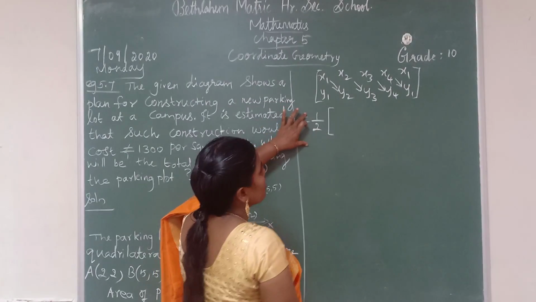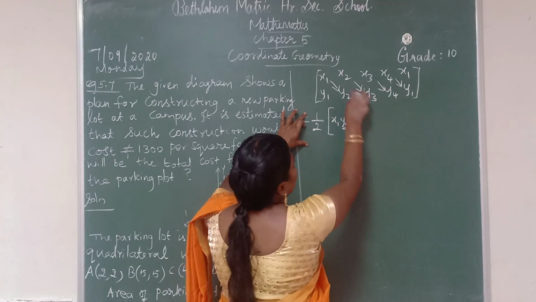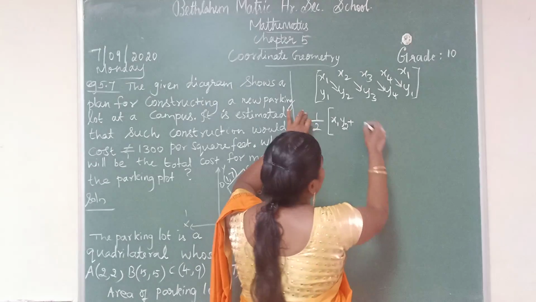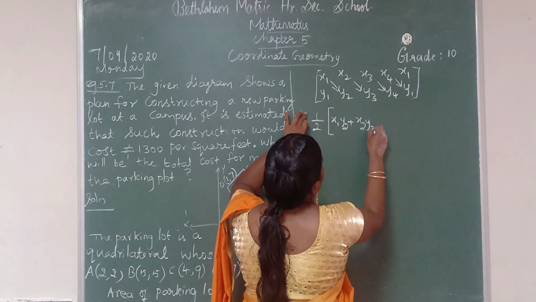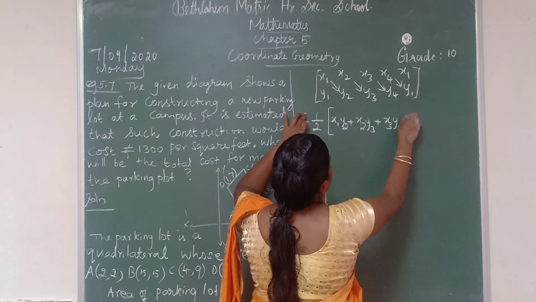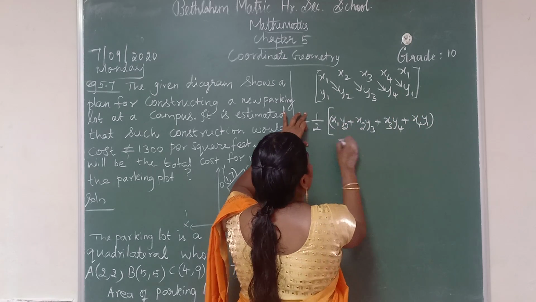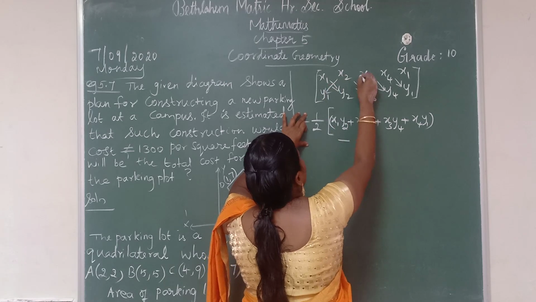So 1 by 2 into x1 y2 plus x2 y3 plus x3 y4 plus x4 y1. Close the bracket. Next this direction.